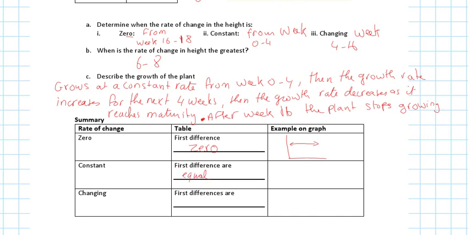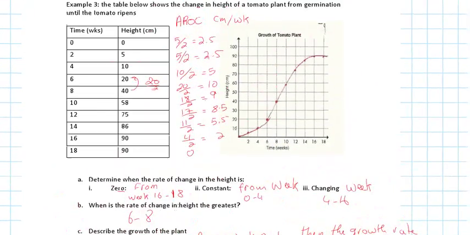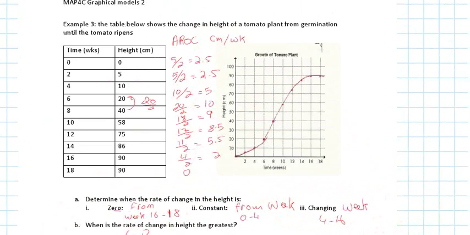And then on the graph, what do you see? A straight line, right? So if you look here, I'm just going to refer you back to this. I had an equal rate of change, right? And if I look here, this is actually a straight line. Okay, we don't see a curve there.